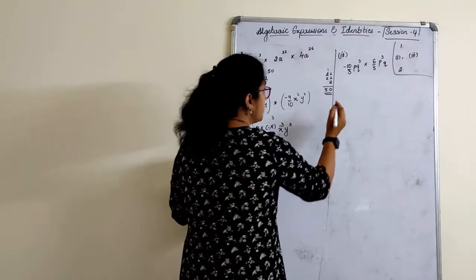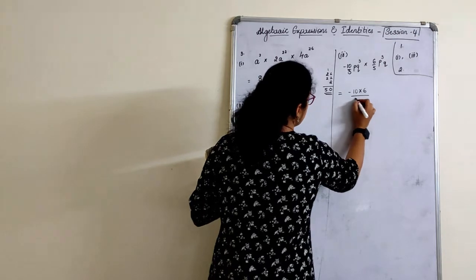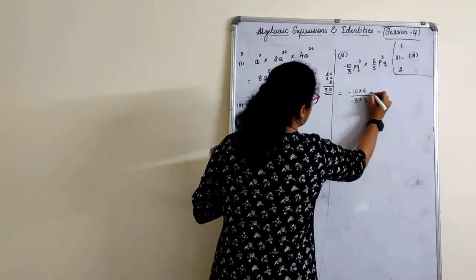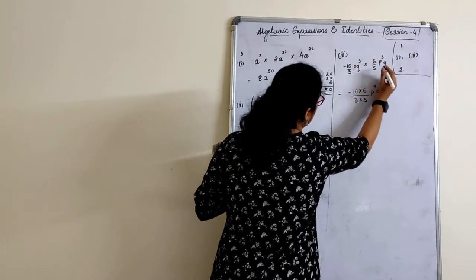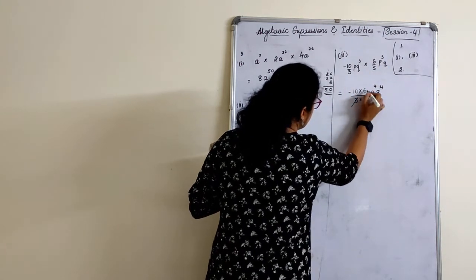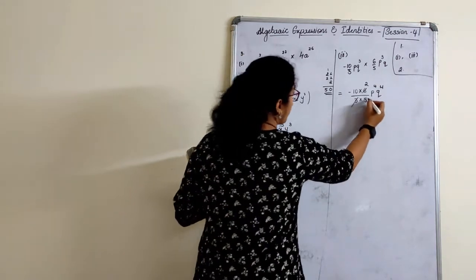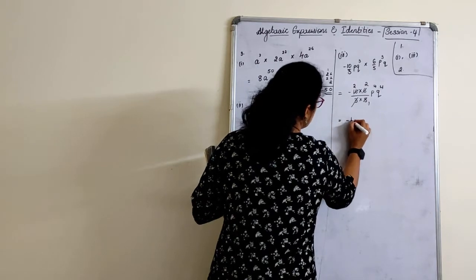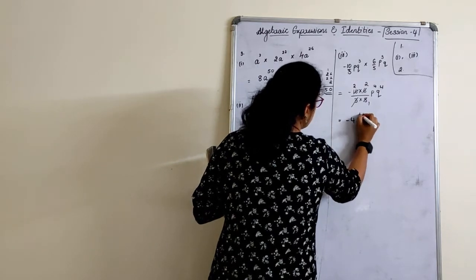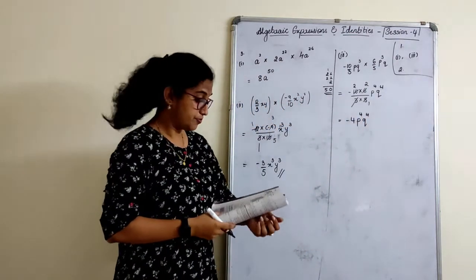Now even here same thing, first multiply the numbers: minus 10 into 6 divided by 3 into 5. p how many times? 4 times. q how many times? 2 times. Always do cancellations in pencil. 3 ones are 3, 3 twos are 6. 5 ones are 5, 5 twos are 10. So this is minus 4 p raised to 4 and q raised to 2.